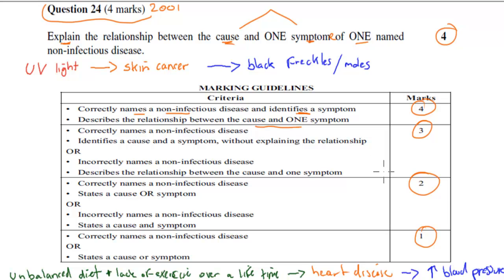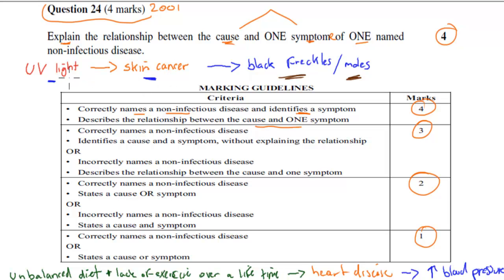So to get full marks, in your whole answer you have to name the disease, say a symptom, a cause, and link cause and symptom as well. For example, if you say that you have skin cancer as a non-infectious disease, you say the cause is too much UV light exposure. The symptom might be these black freckles or moles that appear that have to be cut out. That's your actual symptom. Then you have to link the cause to the symptom.